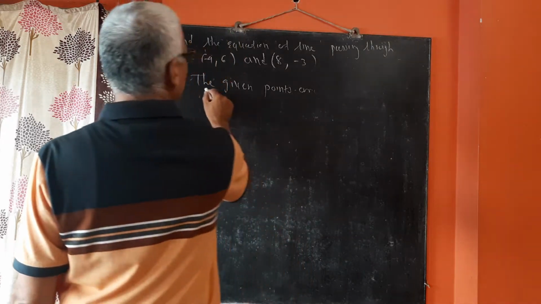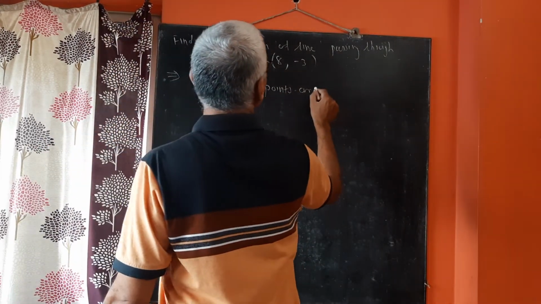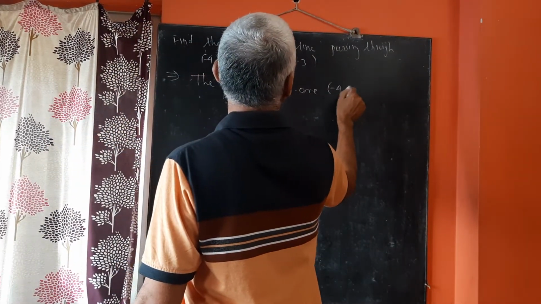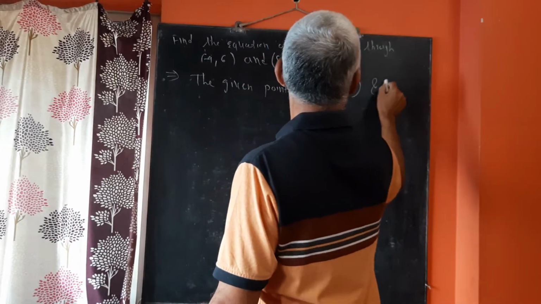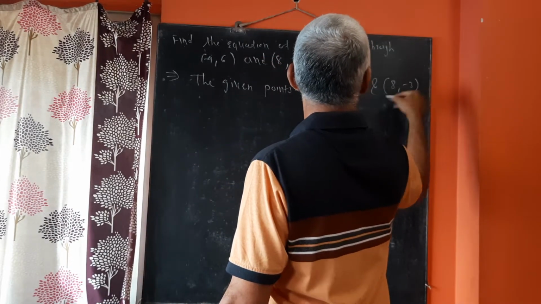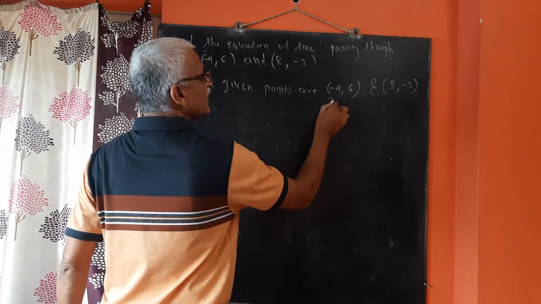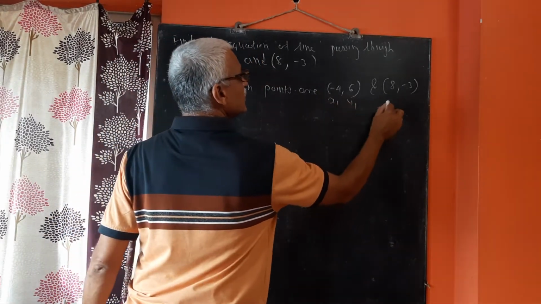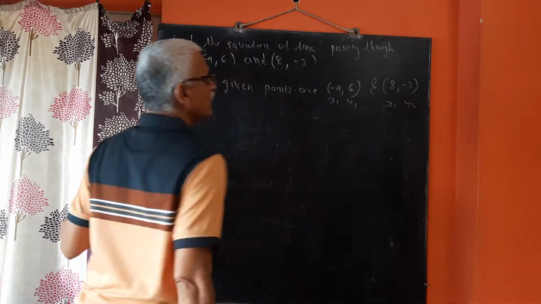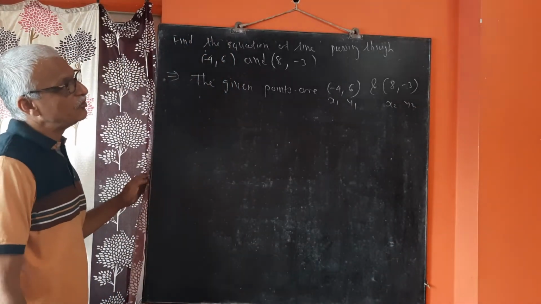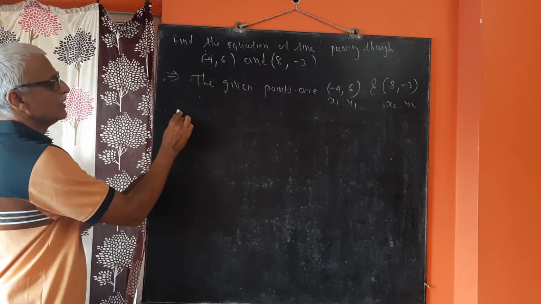So here again the given points are (−4, 6) and (8, −3). There are 2 points, so the first one is x1, y1 and the second one is x2, y2. Since there are 2 points, we can apply the 2-point form.